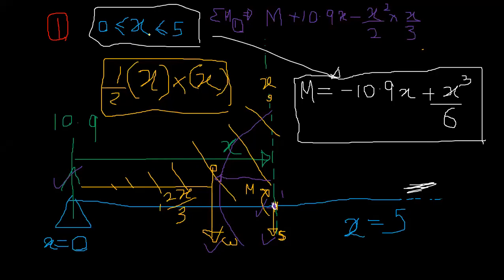So it's between x is 0 to 5. I have M is equal to minus 10.9x plus x cube over 6, right?